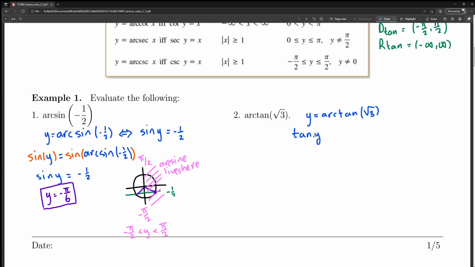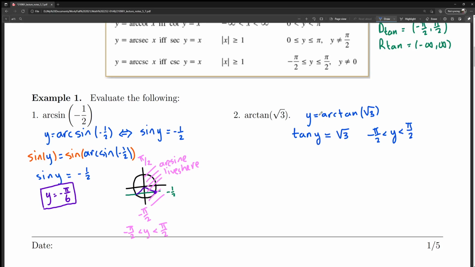So we get tan of y on the left, and the tan of the arctan cancel each other out. And so we're looking for a value for which tangent of y is square root of 3. And we know that y has to be less than pi over 2, but more than negative pi over 2.